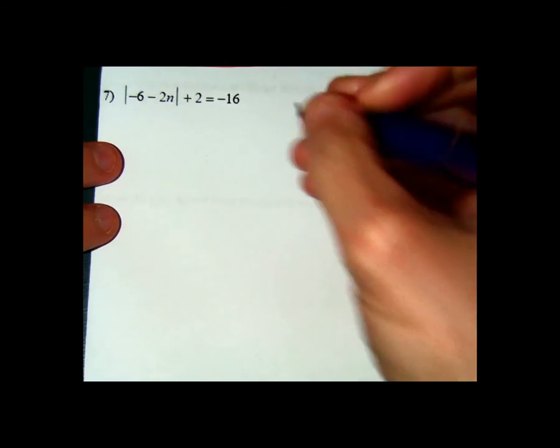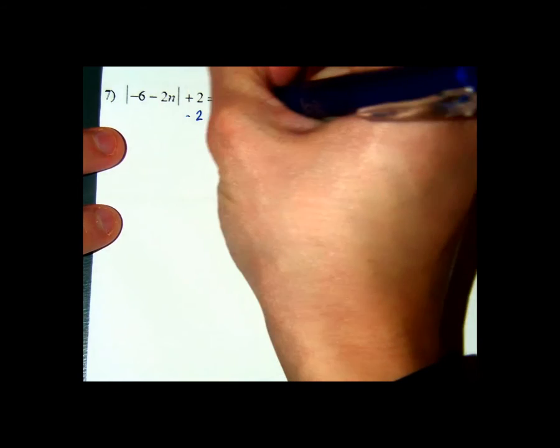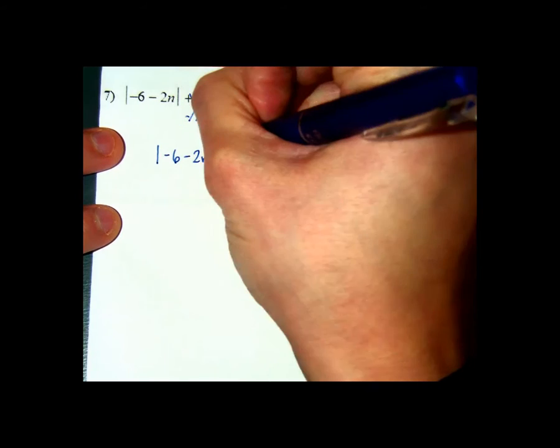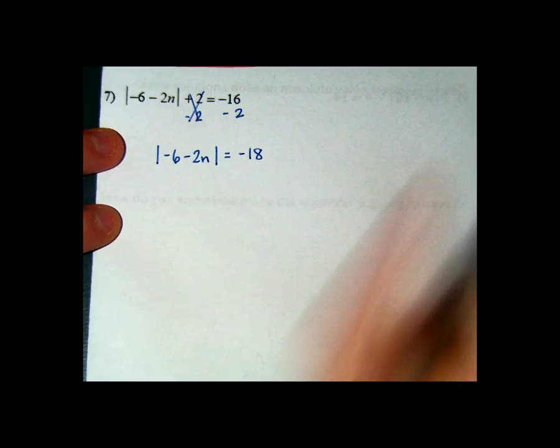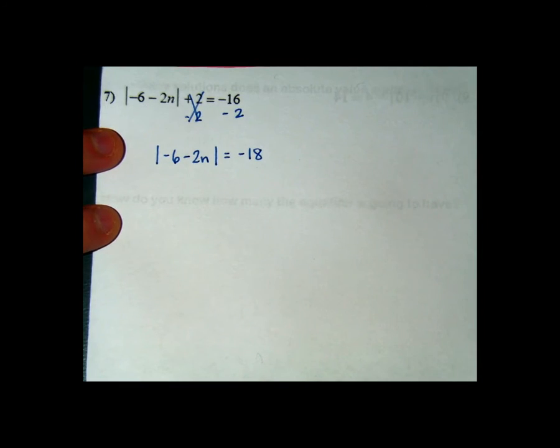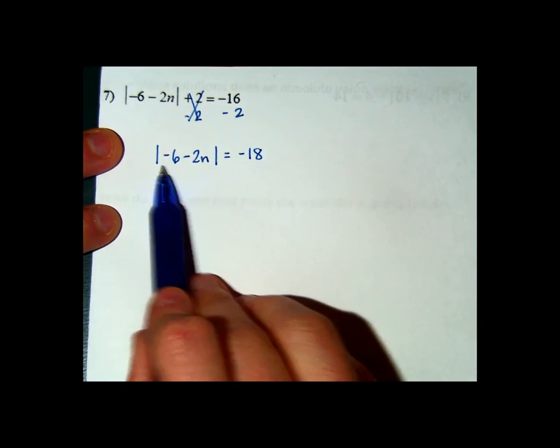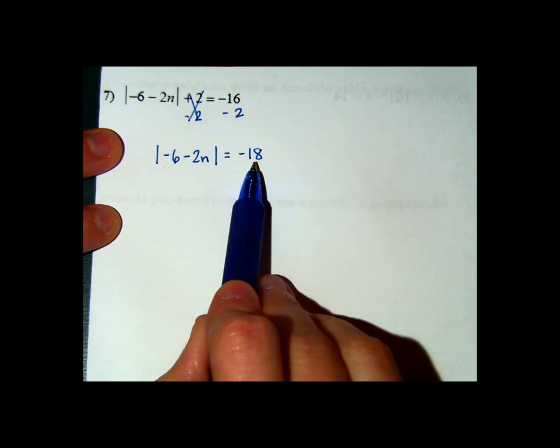All over again, I have to get the absolute value by itself. So I'm going to subtract 2 as that's the opposite. Absolute value of negative 6 minus 2n equals negative 18. And I have a problem. Here's my problem. It is not possible for an absolute value to equal a negative number.